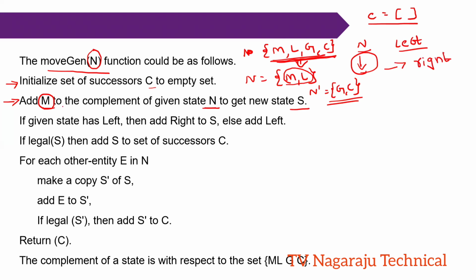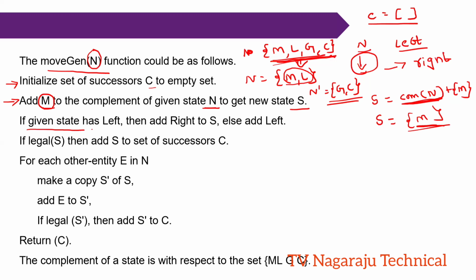Now, adding M to the opposite direction, what is the state? S is equal to complement of N plus M. Initially, all are in N, so the complement of N is empty, and only M is available. Clear? That is, M is on the right side.